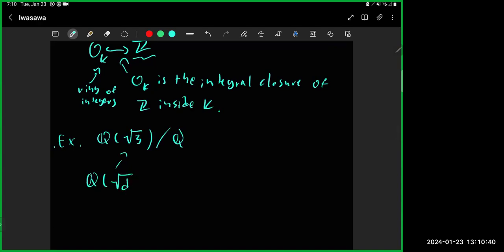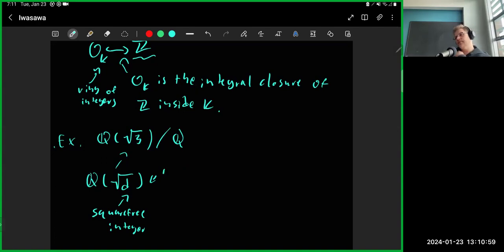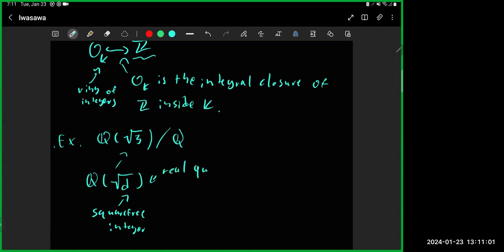Whenever d is a square-free integer, so it has no factor that's a square, this forms a number field, and these are called the real quadratic extensions.